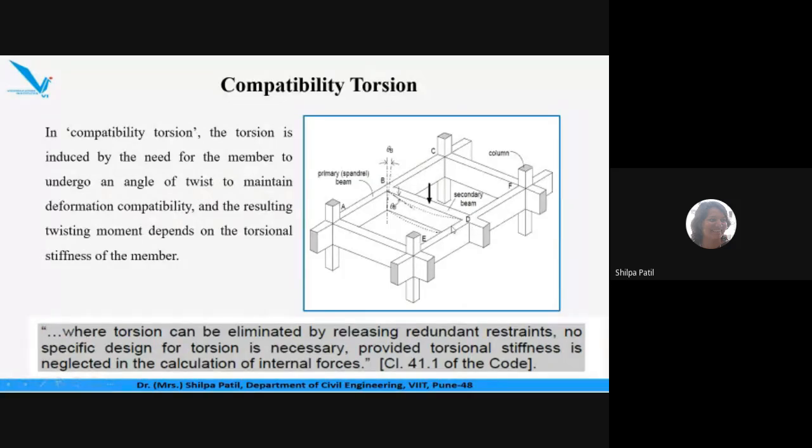Whenever there is a load acting on ABC, this beam is going to bend because of the external loading. Because of that bending at this interconnection, there will be some twisting developed in beam BD. That twisting is called compatibility torsion. And why does this twisting take place?